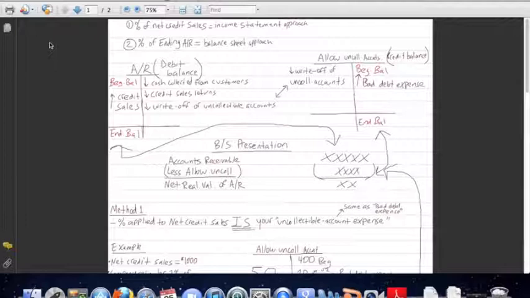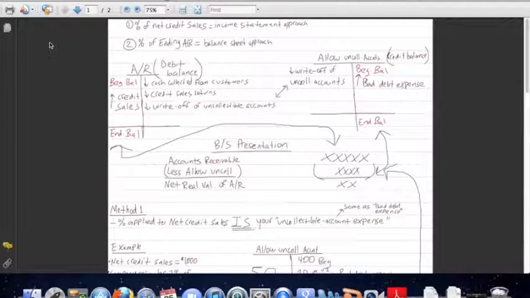And then we're also going to credit sales revenue because we sold it to him. And when he does pay, if he does, in cash, you're going to debit cash and credit accounts receivable. So you get rid of the receivable once you receive the cash.